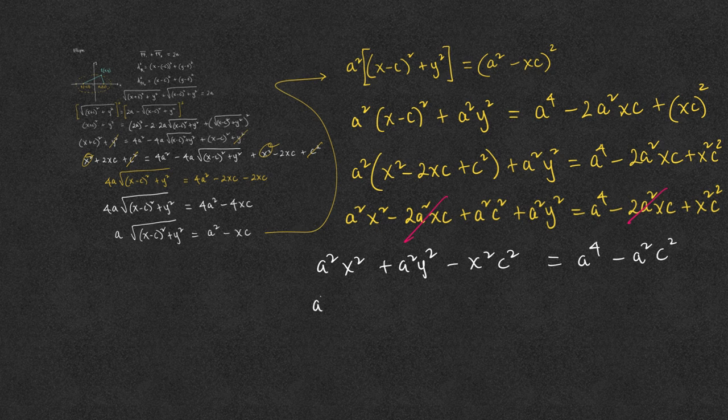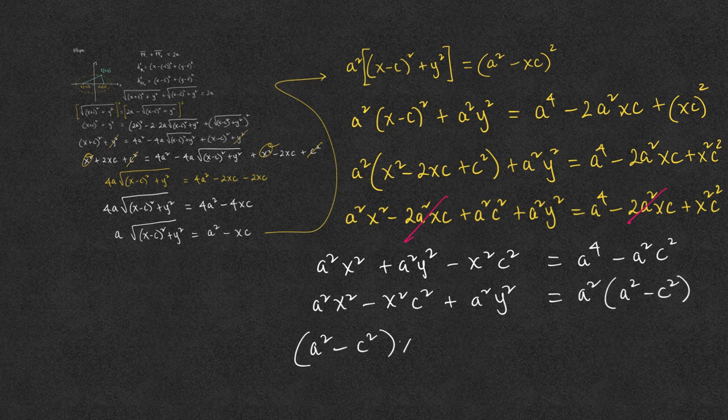Rearranging this, we have a squared x squared minus x squared c squared plus a squared y squared equals, we factor out a squared on the right-hand side, a squared times a squared minus c squared. We then factor out x squared to get a squared minus c squared times x squared plus a squared times y squared equals a squared times a squared minus c squared.